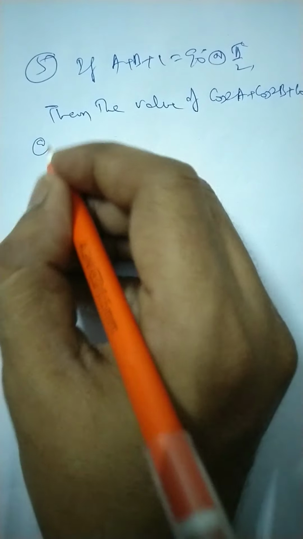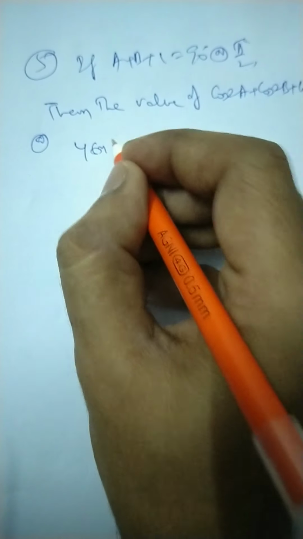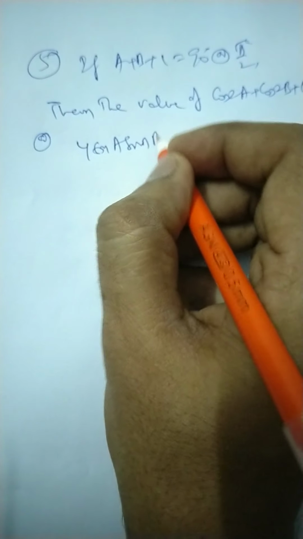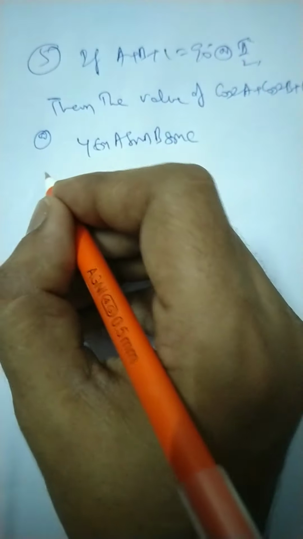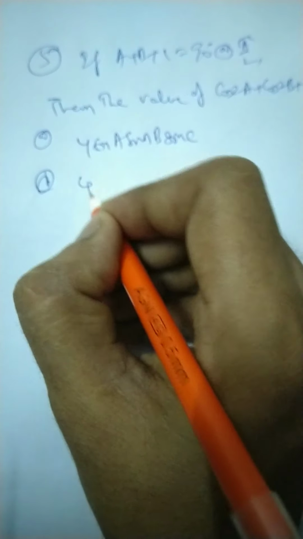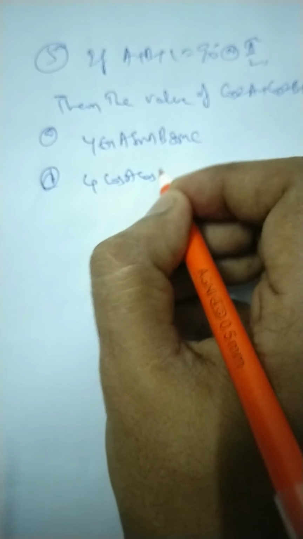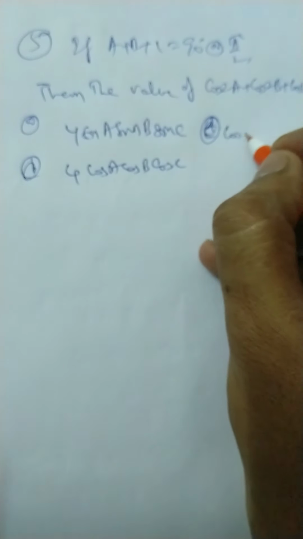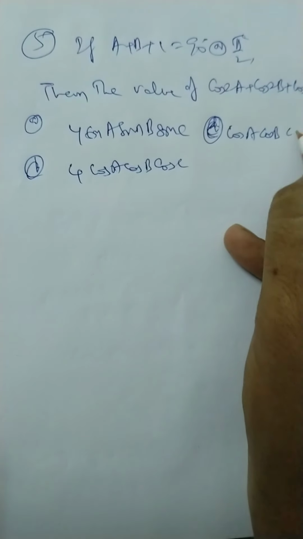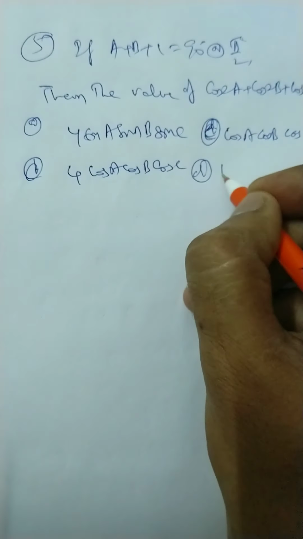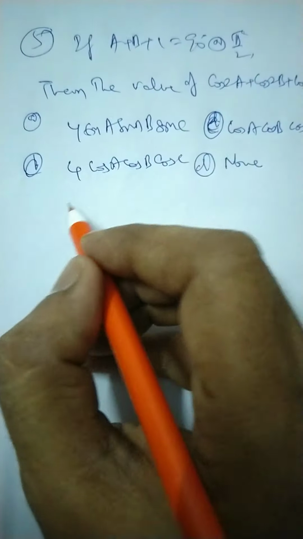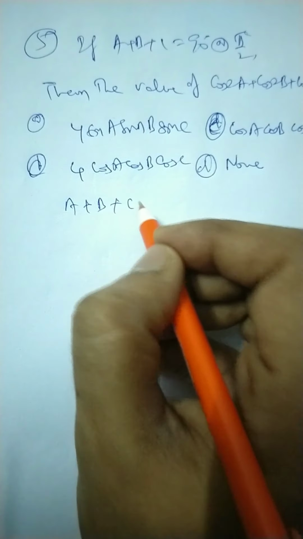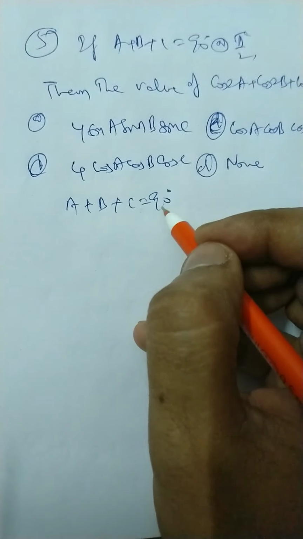So the options are: Option A: 4 sin a, sin b, sin c. Option B: 4 cos a, cos b, cos c. Option C: cos a, cos b, cos c. Option D: none.